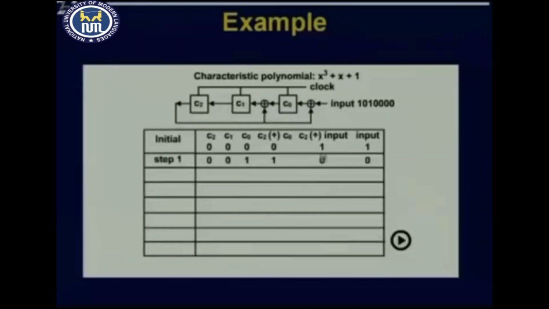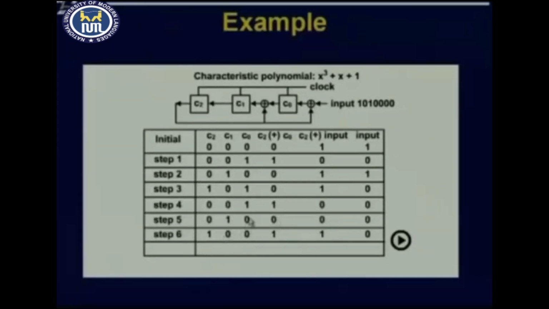So first clock is applied. C1 will come here, C0 will come here, C1 will come here after applying the first clock. Apply the second clock, we will find that this 0 will come here, this 1 will come here, this 0 will come here. We can apply all the 7 clocks because we have 7 bits. So let's apply the 7 steps or 7 clocks and see how this actually goes.